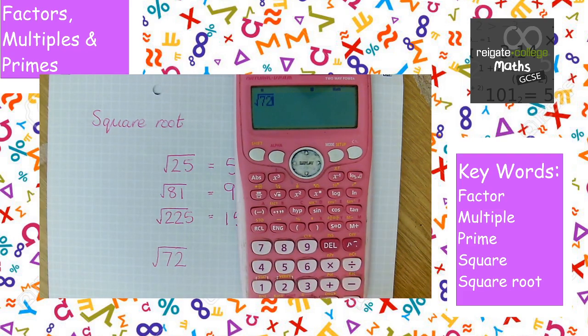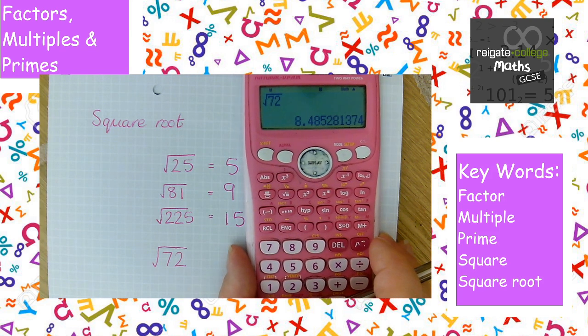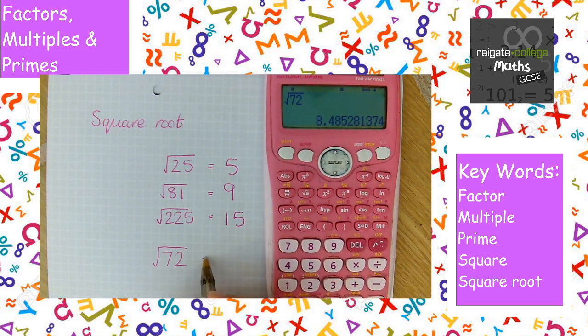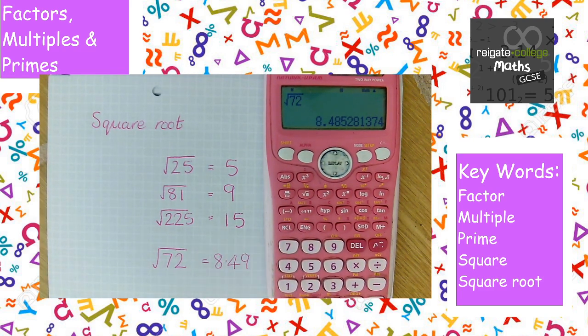Type in the number, followed by the equals. Now if this comes up, we're going to press our S to D button and that will give us the answer as a decimal. I would round this to 3 significant figures, being 8.49. The square root of 72 is 8.49 to 3 significant figures.